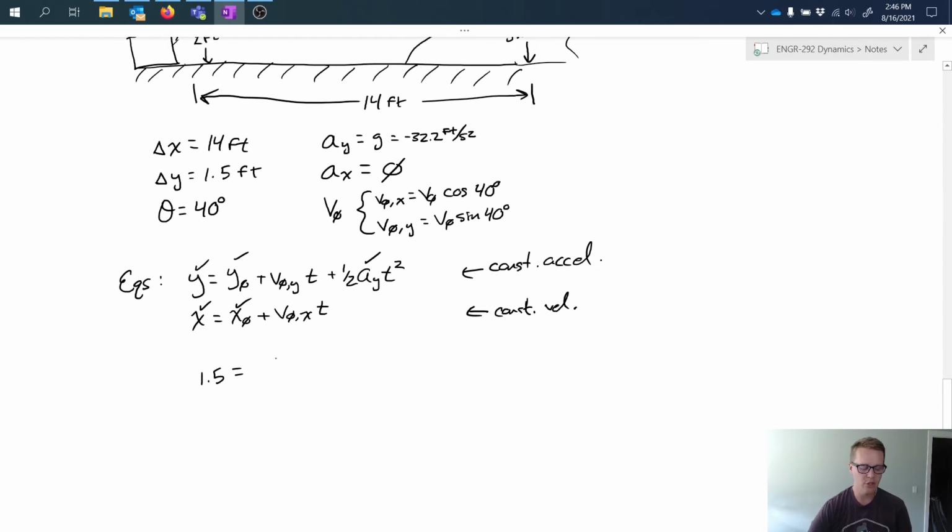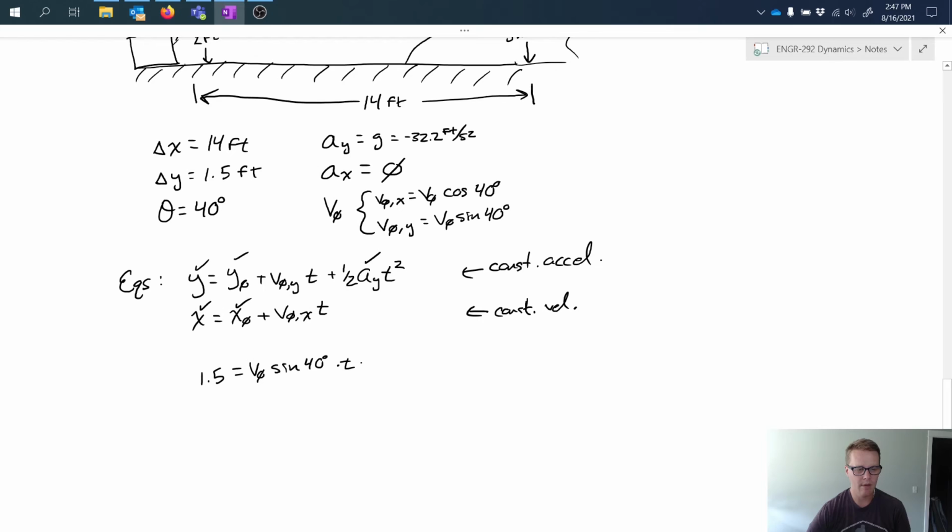So our remaining terms then are v naught sine 40 degrees. So this is our v naught y. And that all gets multiplied by t.